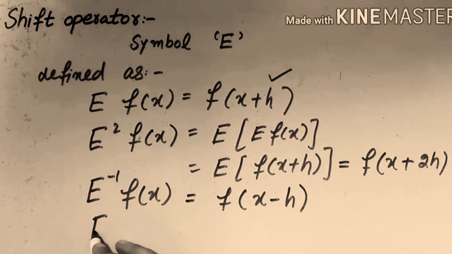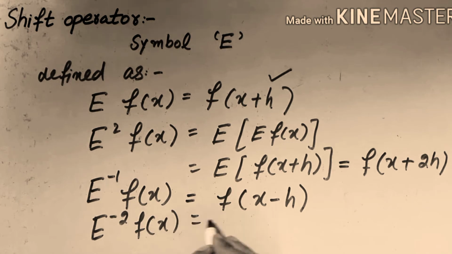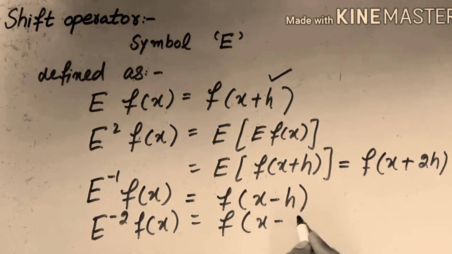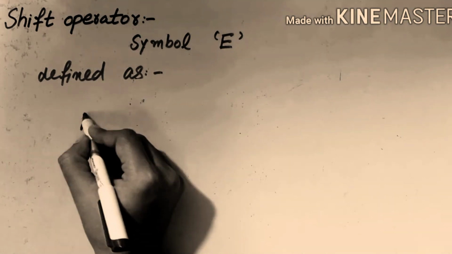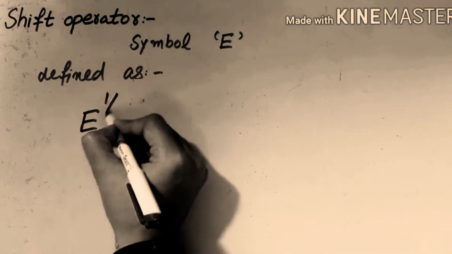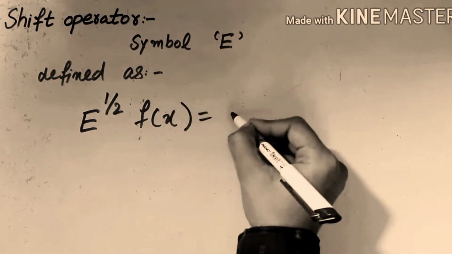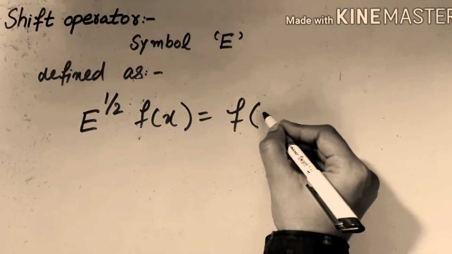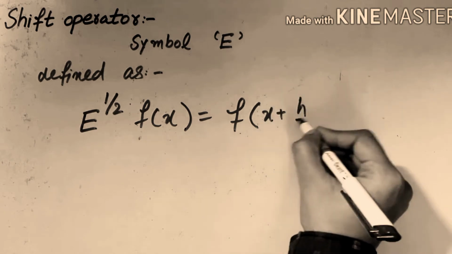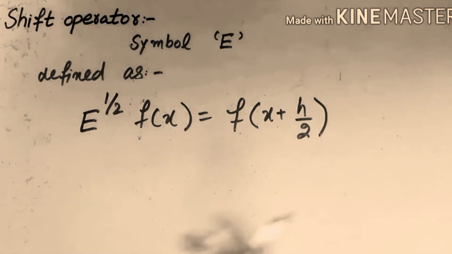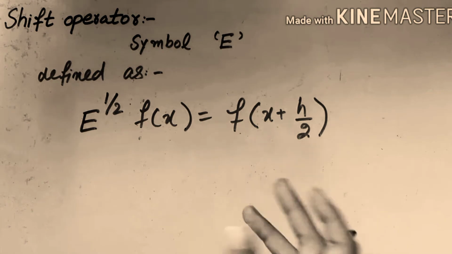In the same way, E to the power negative 2 f of x is a decrement by 2 units, which means x minus 2h. If the power is a fraction, it works the same way, like f of x plus h by 2. So this is our shift operator or shifting operator.